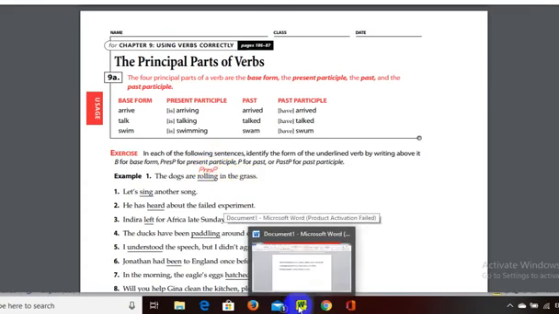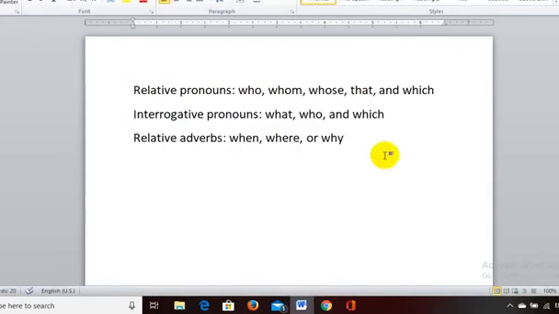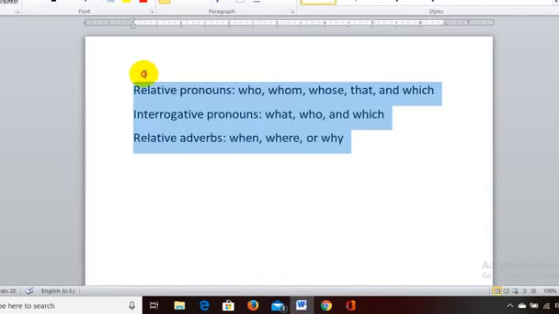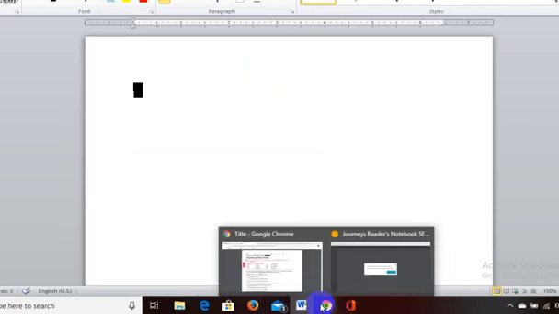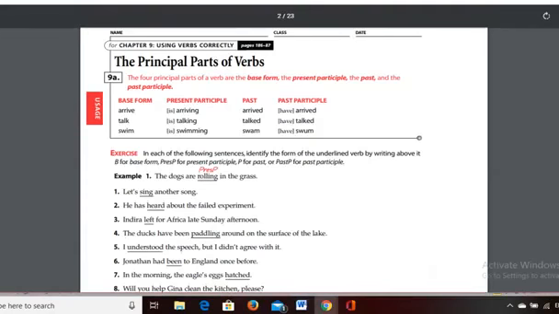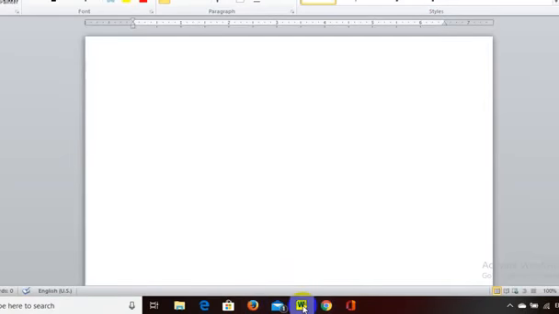Okay. Let's answer the questions together. Alrighty. Looks like this is page 186, I believe, yes. So here in page 186, we've got number 1.